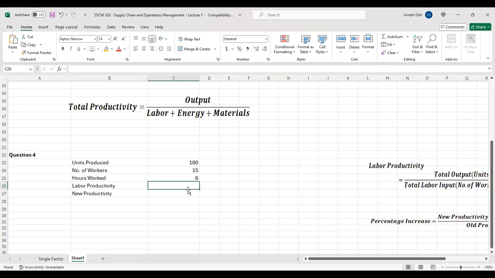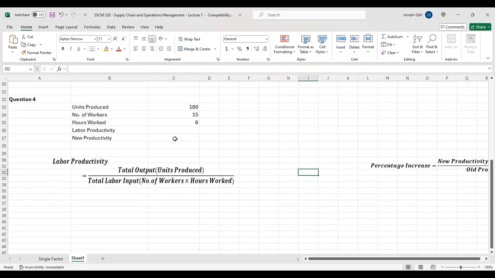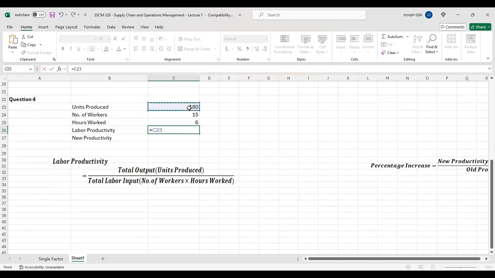Now labor productivity can be calculated using this formula. Labor productivity equals total output, units produced, divided by total labor input, which means the number of workers times the hours they worked.